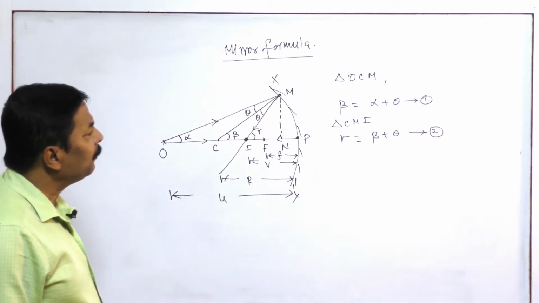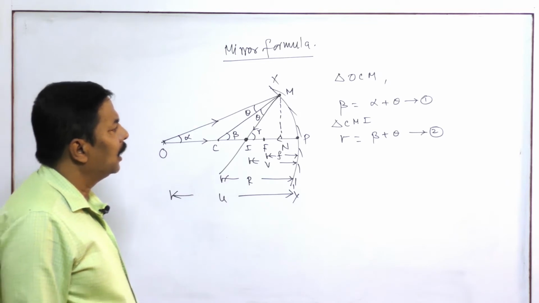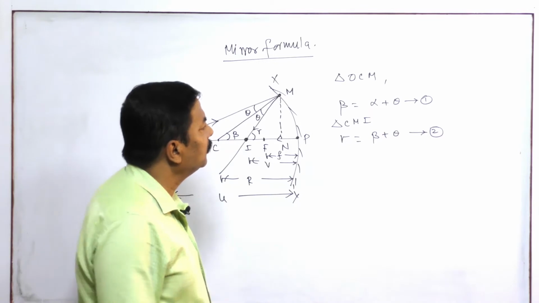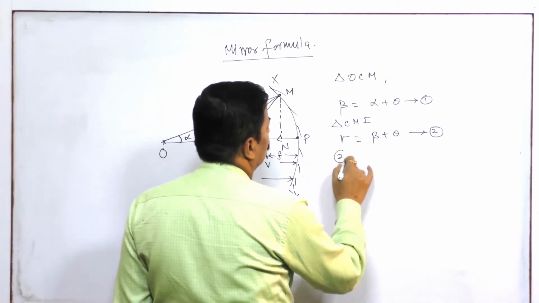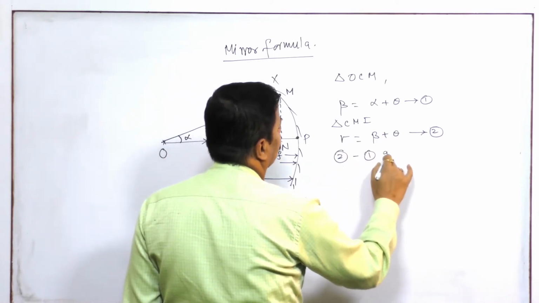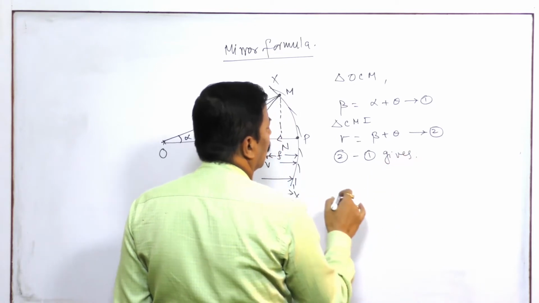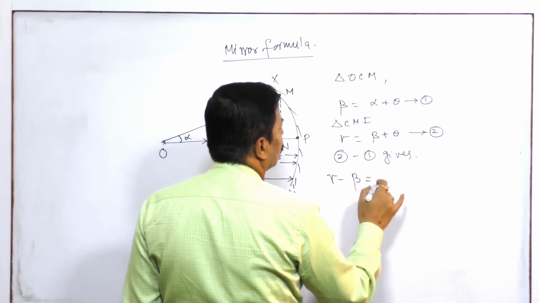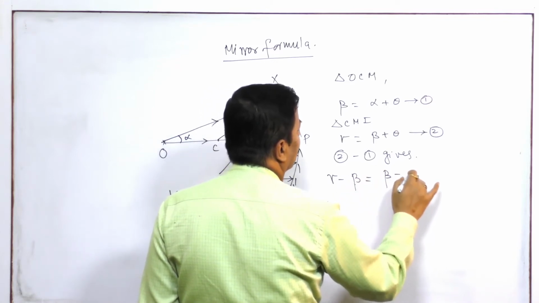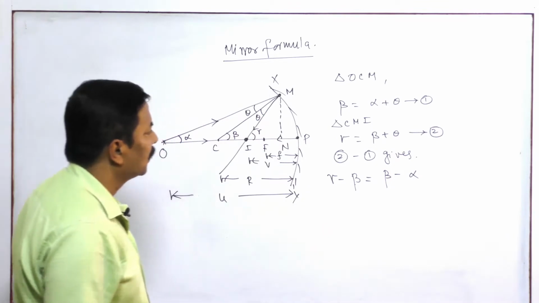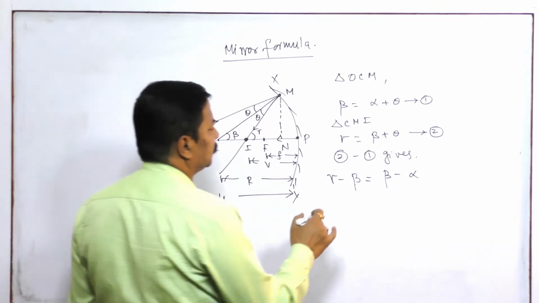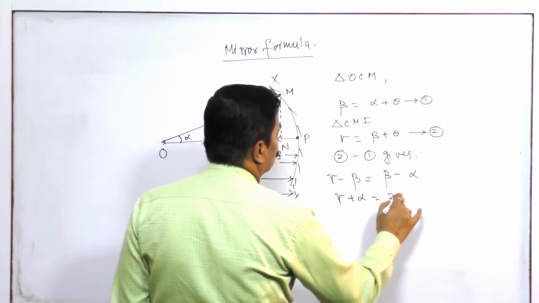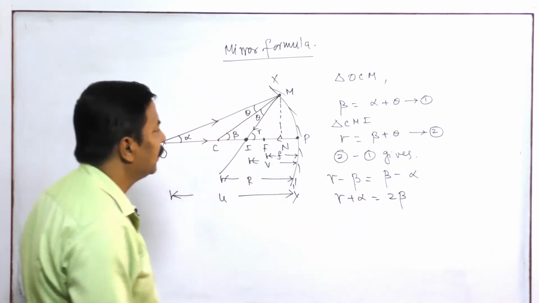If we subtract 1 from 2, gamma minus beta is equal to beta minus alpha, or gamma plus alpha is equal to 2 beta. This also we can write.